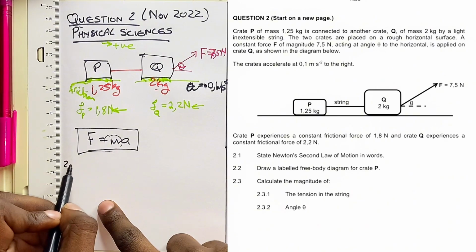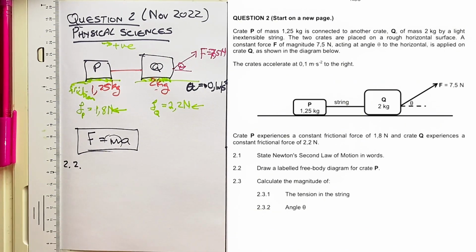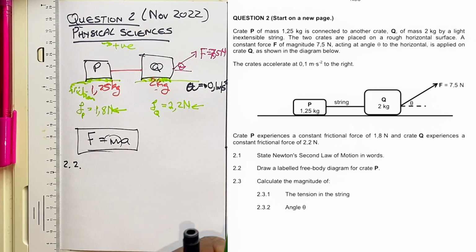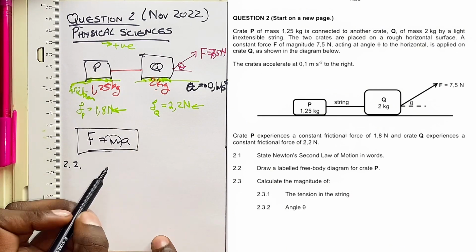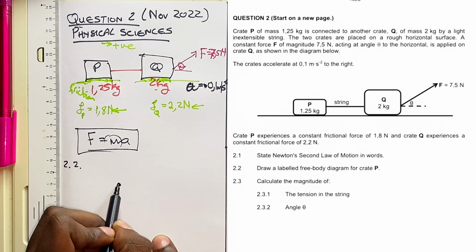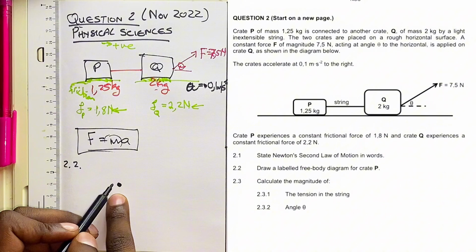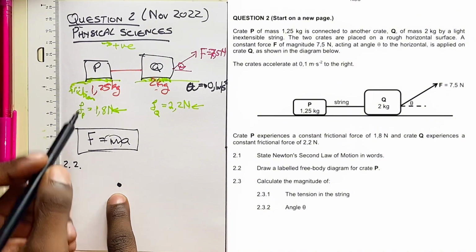Now 2.2 says draw a labeled free body diagram for grade P. Grade P is this one, and to draw a free body diagram we can represent it as a dot and then represent the forces that are acting on our grade.